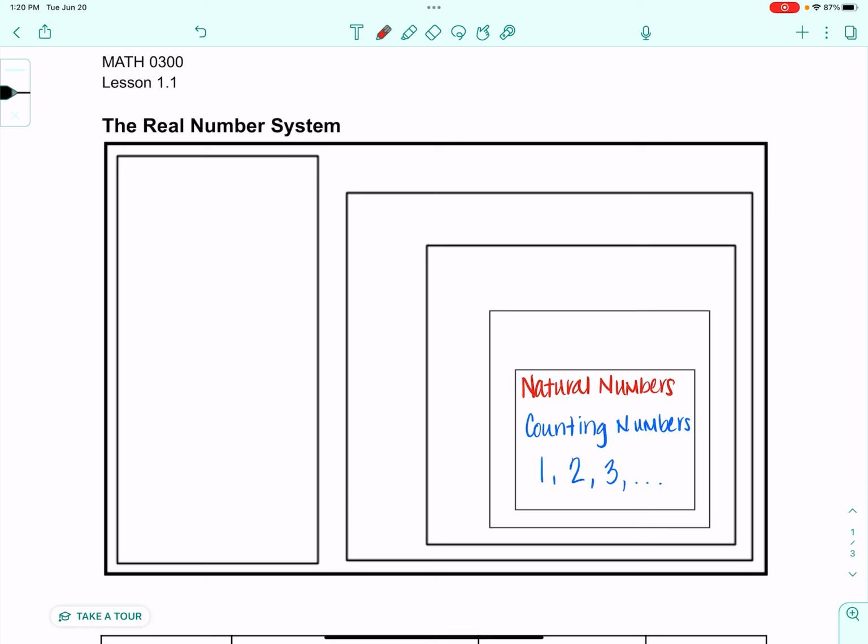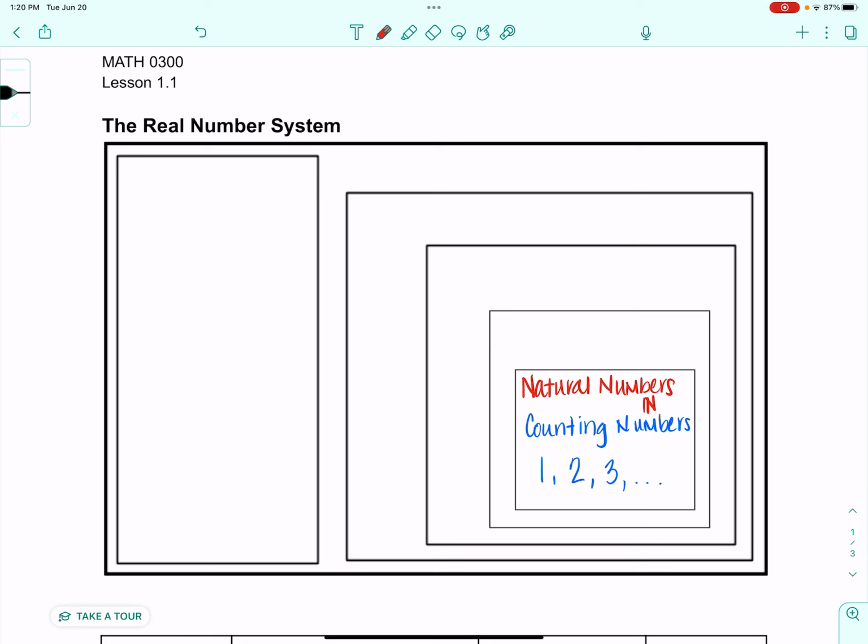And sometimes we get really lazy as math people, and we abbreviate the natural numbers as an N that kind of has 2 legs at the beginning to make it look a little fancy. Those are the first part of the real numbers that you learn.